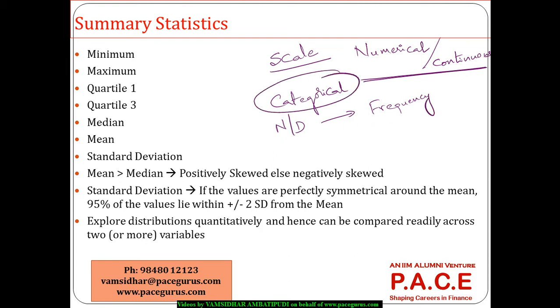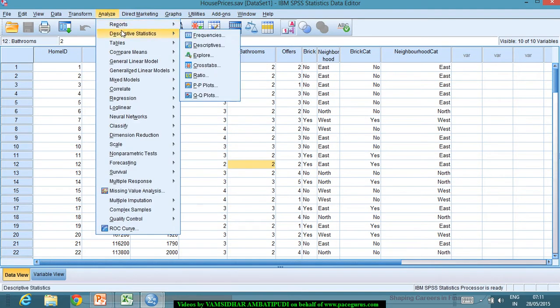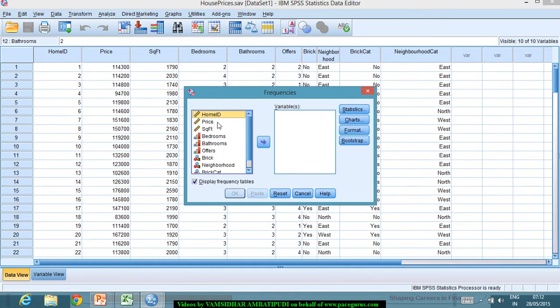But when you are looking at scale data, which is numerical or continuous in nature, we can very well look at the summary statistics. The way I can look at those summary statistics is within this Descriptive Statistics, I use the Frequencies. So here I'll look at these two of them.